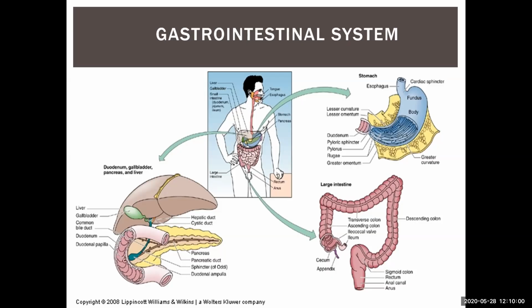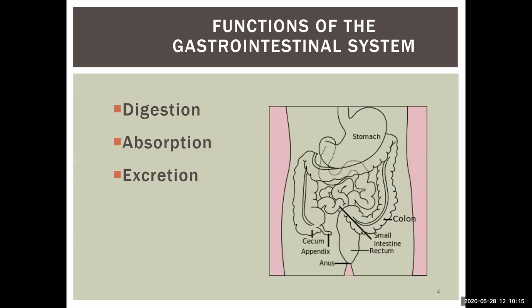And so we start with the duodenum, ileum, and then the colon. We also have the liver, the gallbladder, the pancreas, that's going to help break down food and send liquids or bile over into the intestinal area to start the breakdown.